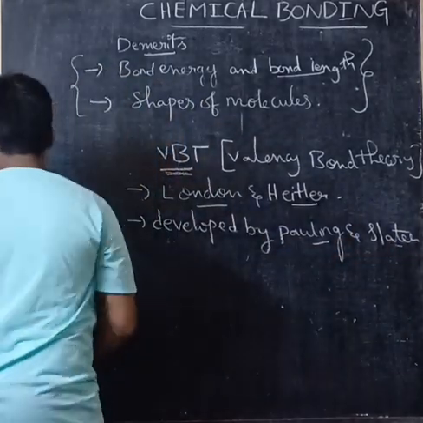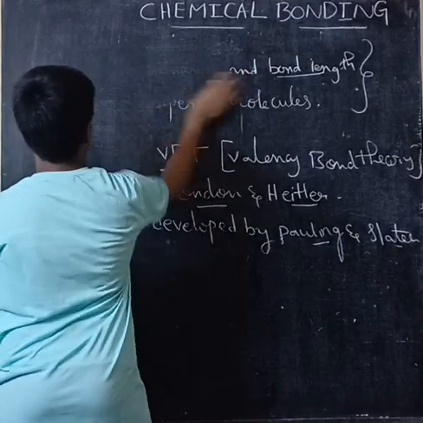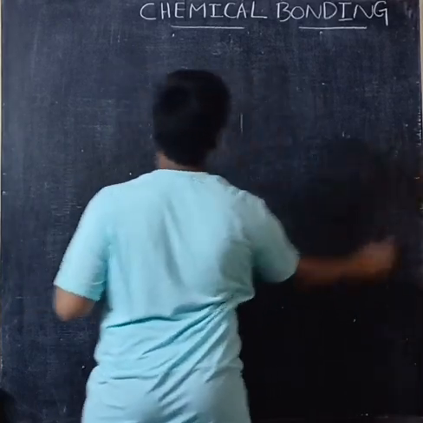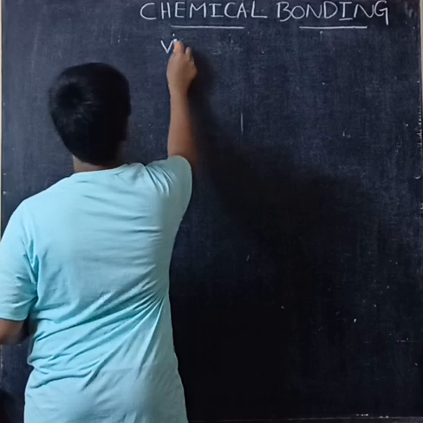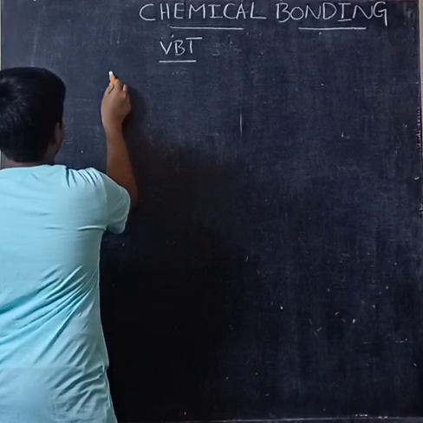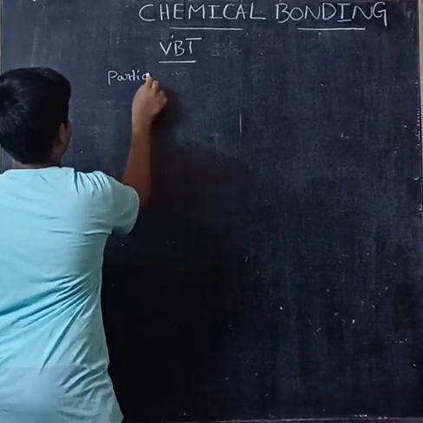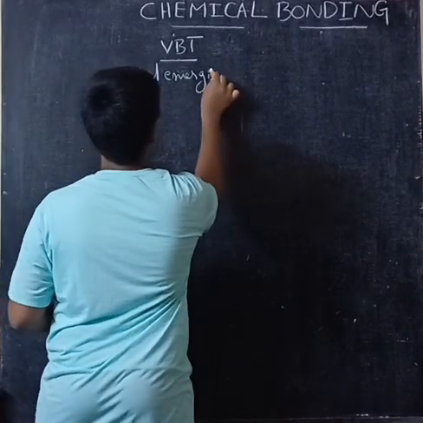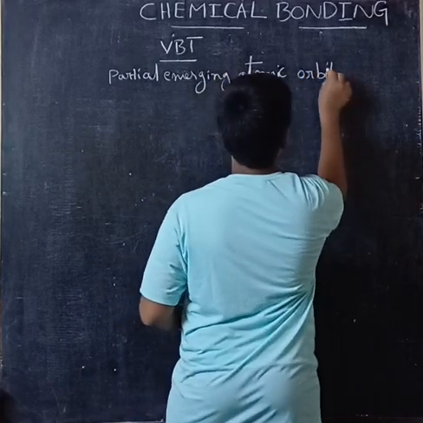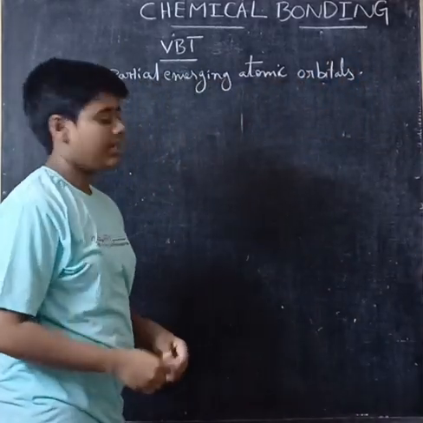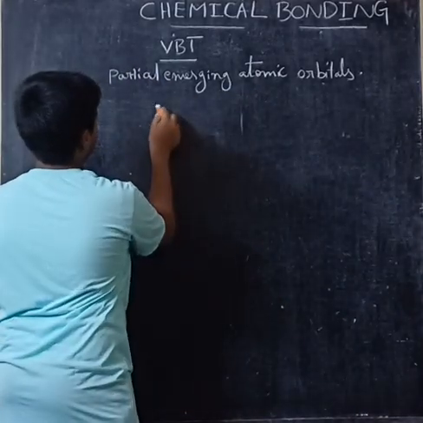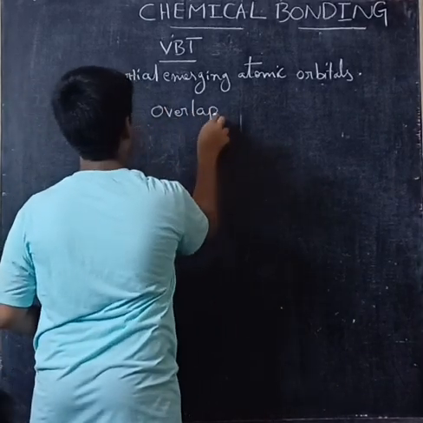Okay. So what does VBT mean? In VBT, we consider partially filled atomic orbitals, and for becoming stable, one process is there, that is known as overlapping.